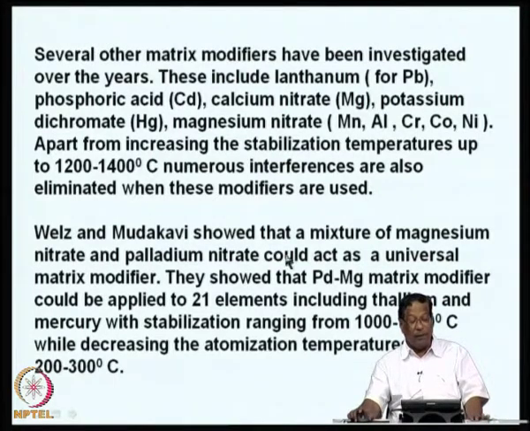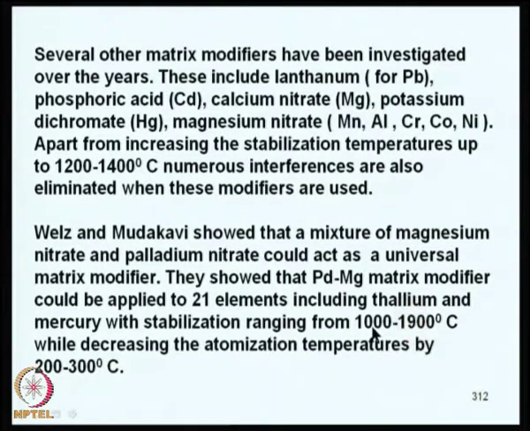We worked on palladium magnesium matrix modifier on 21 elements including thallium and mercury, and with mercury we could obtain stabilization up to 1000 degrees and thallium up to 1200 degrees, but for many of the other elements we were able to increase the pretreatment temperature to 1900 degrees centigrade.